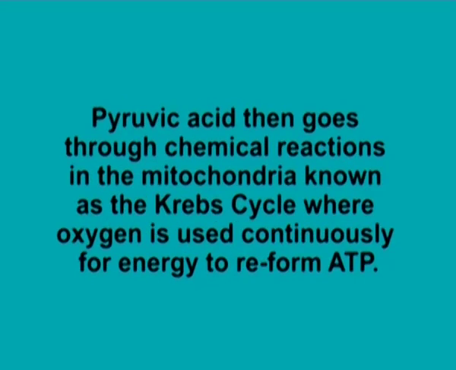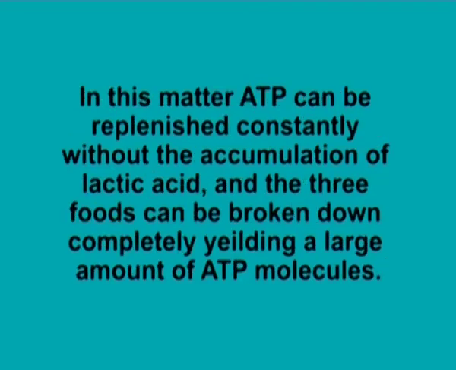Pyruvic acid then goes through chemical reactions in the mitochondria known as the Krebs cycle, where oxygen is used continuously for energy to reform ATP. In this manner, ATP can be replenished constantly without the accumulation of lactic acid, and the three foods can be broken down completely, yielding a large amount of ATP molecules.